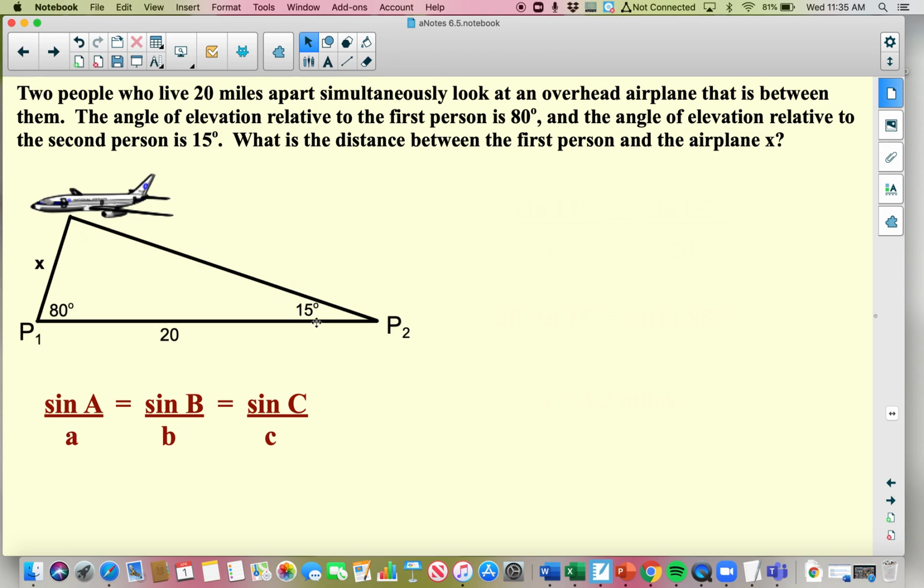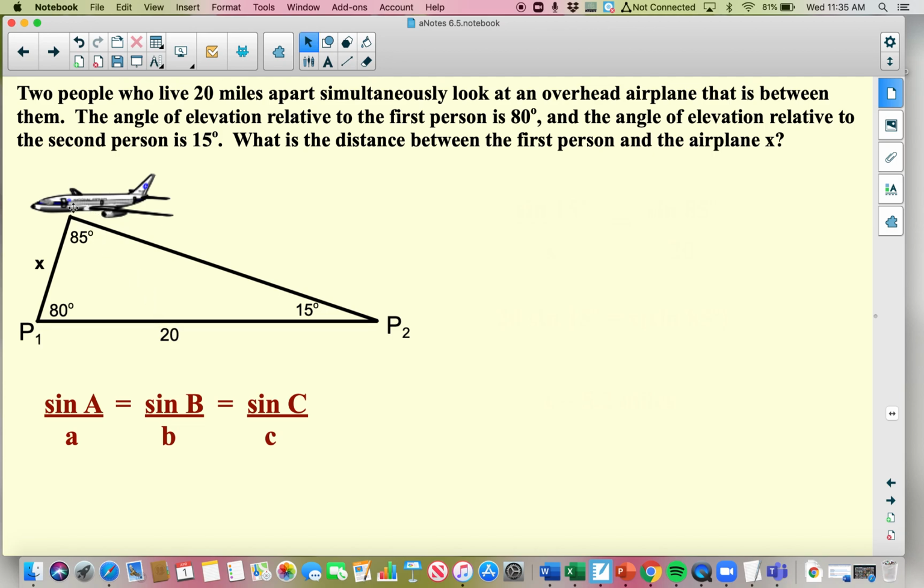So for example, 15 degrees matches up with X, and I don't know X, so that's not helpful. 80 degrees matches up with a side I don't know. 20 miles matches up with an angle that I don't know, but I do know, because if this is 80 and this is 15, the triangle sum rule tells me this angle has to be 85 degrees.